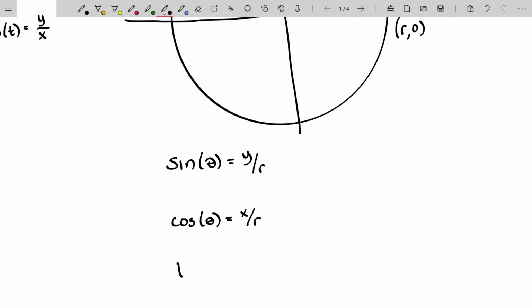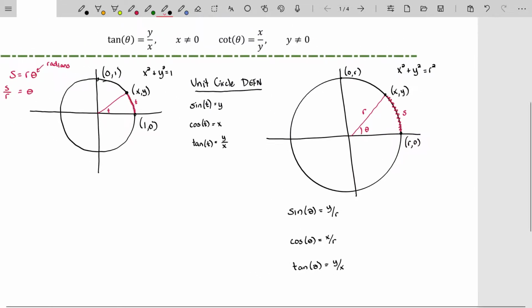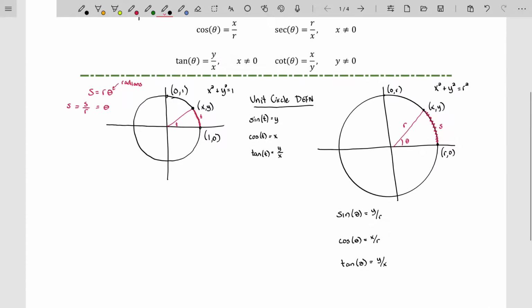And then finally, the tangent of theta is the y value over the x value. Now, I'm imploring that you take a moment to consider that these two are the same definitions. If the circle that we consider on the right-hand side has a radius of 1, then sine of theta is y, cosine of theta is x, and tangent of theta is y over x.